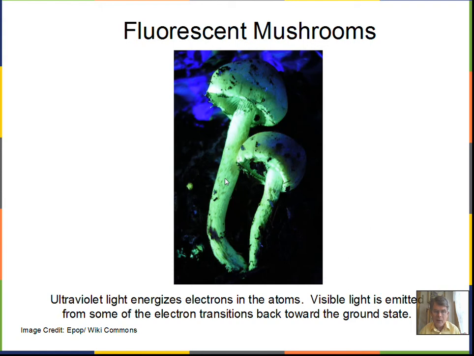And then as the electron drops back down towards the nucleus, it can drop down in multiple steps. And some of those steps will emit visible light. So we're energizing the atoms with ultraviolet light, and then with our eyes we see this fluorescent light, the wavelengths in the visible part of the spectrum from some smaller energy differences as the electron transitions back towards the nucleus.